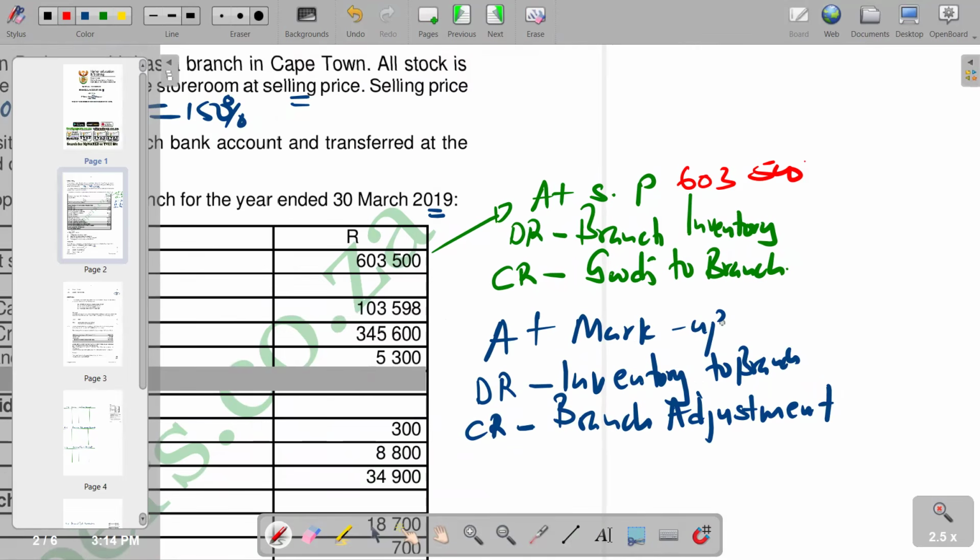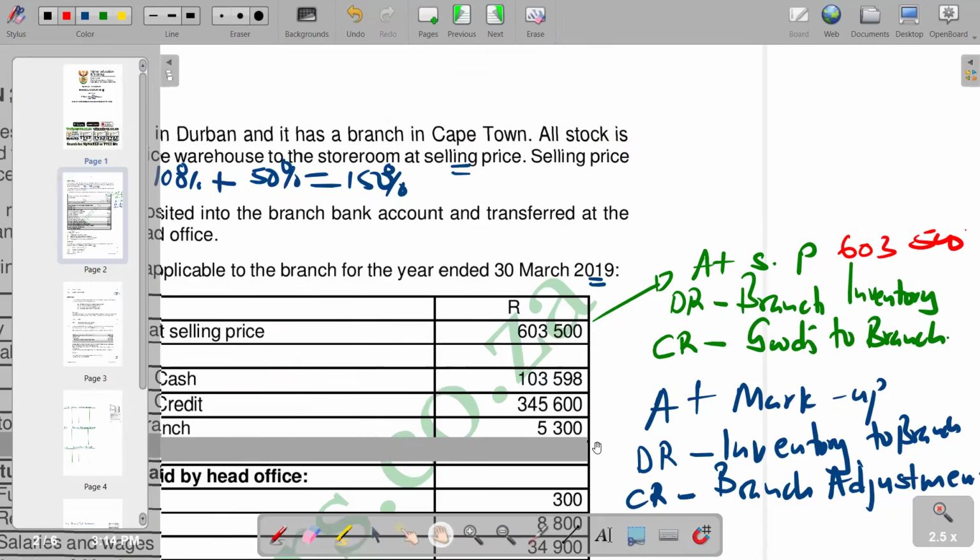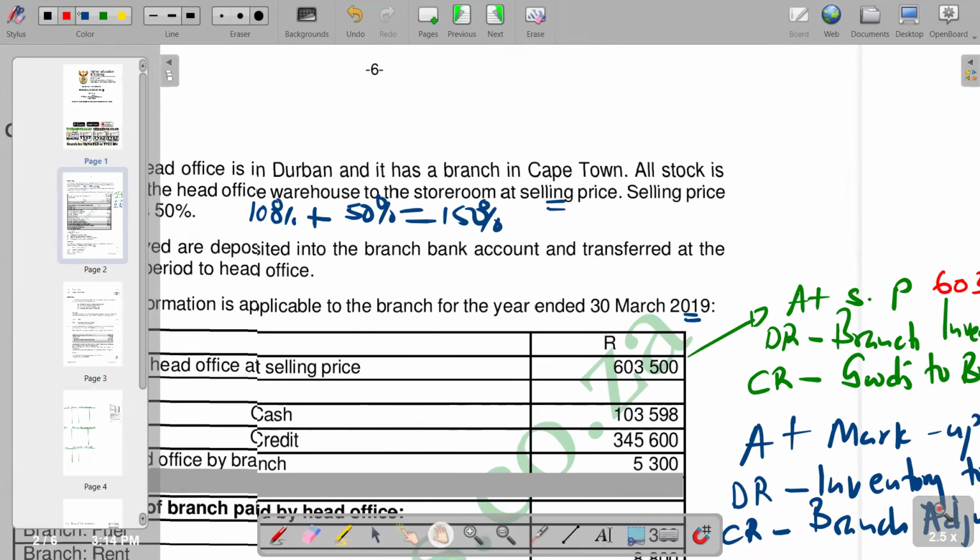We have to calculate the markup amount that is going to affect the second double entry. We can clearly see from our formula that this is our cost price, and we add our markup, we get our selling price. So of course, the figure that we are given, 603,500, is the selling price, which is 150%. So basically, we are saying 150.